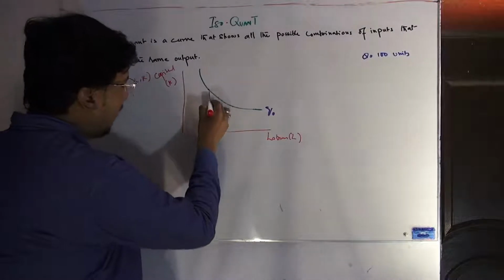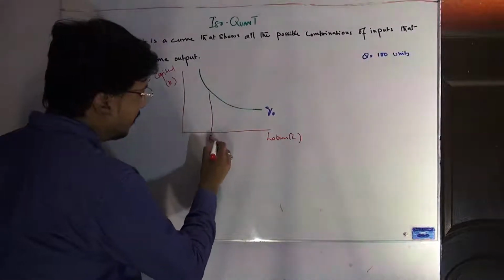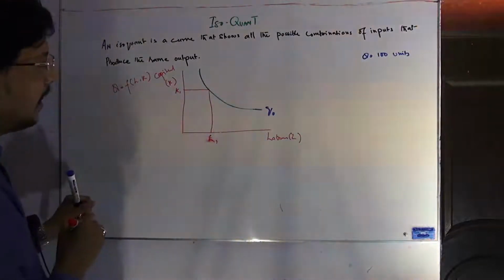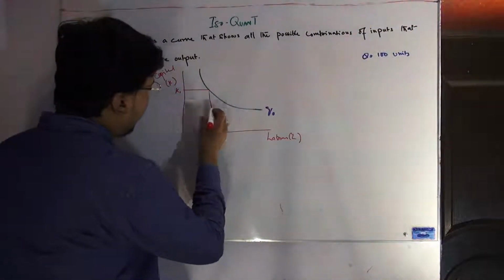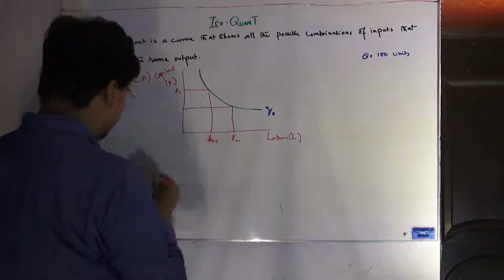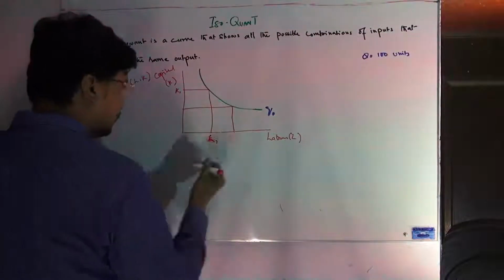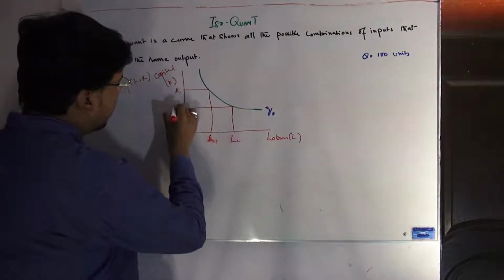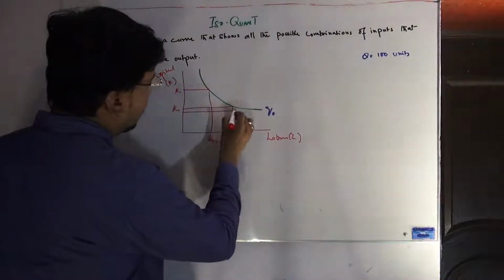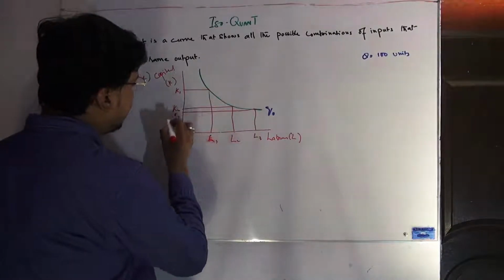At this point we are using K1, L1, and at another point we are using a different combination, K2, L2, and here we are using different labor and capital, L3 and K3.